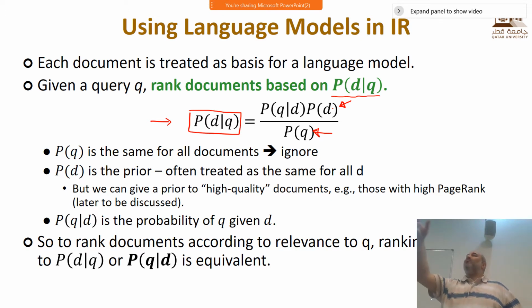You can think of it that way. We will later get to that. You can think of page rank as a score that will be high if the document is more important or has higher quality.